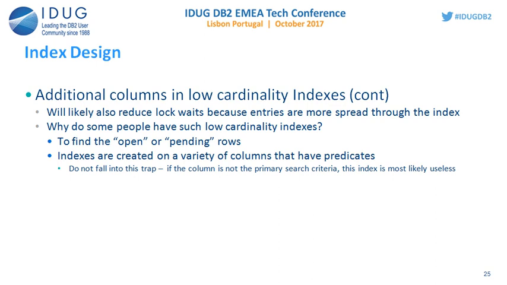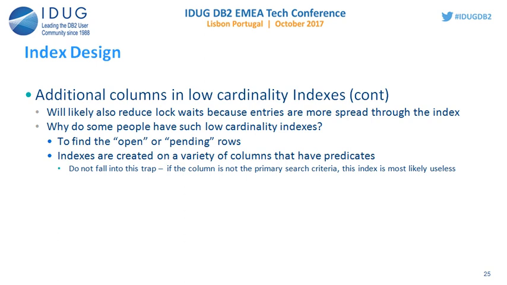So why do people have low cardinality indexes? Well, sometimes it's to find the open orders. And again, if you have more columns in that index, ID columns, you can still use that index. Another important thing is make sure you've got distribution stats and that you use a literal and not a host variable for that predicate.